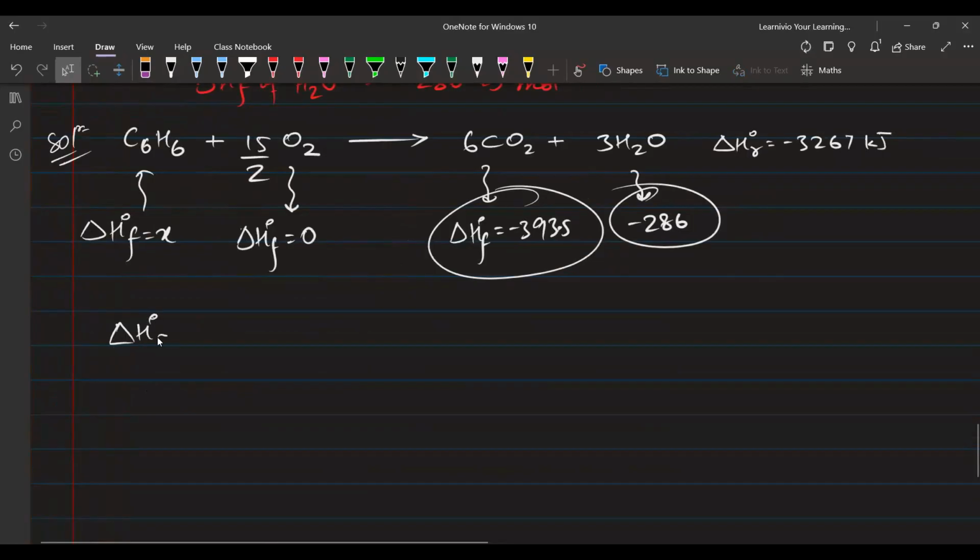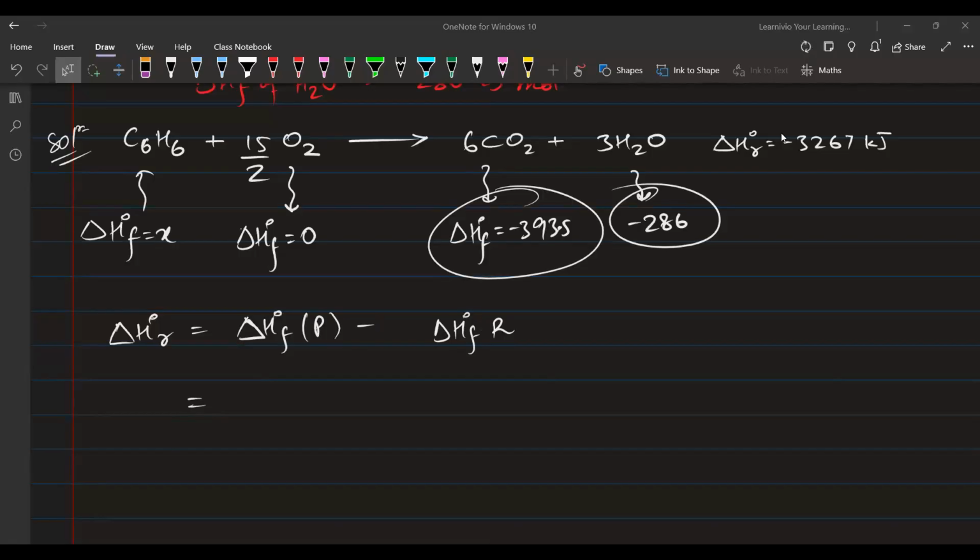Enthalpy of reaction is equal to the sum of enthalpy of all the products, delta H naught F of product, minus delta H naught F of the reactant. So in the products, I have to see the 6 CO2.